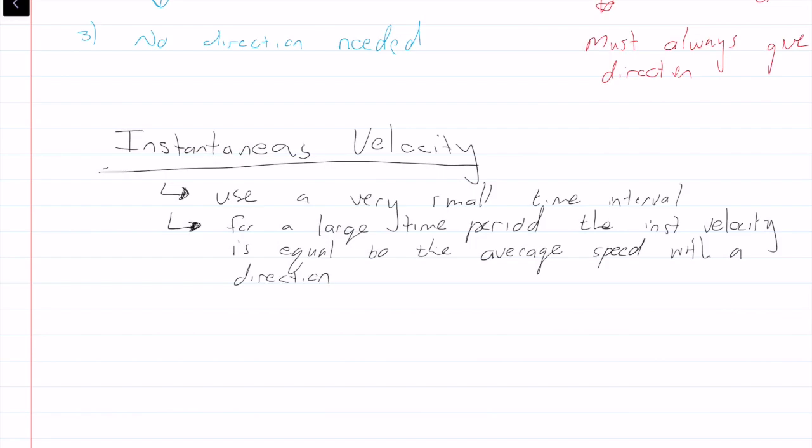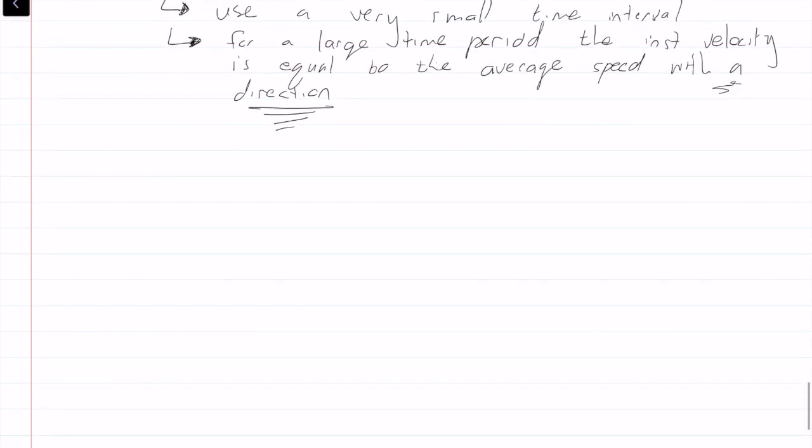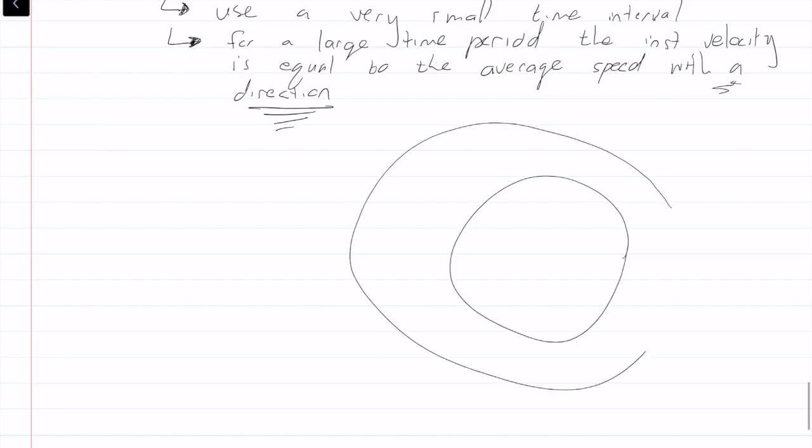With a direction. Okay, so we're mostly going to be looking at these situations where we speak about large time periods. For example, let's have our classic track, but this time it is a motor vehicle track. We define that upwards direction as being north.